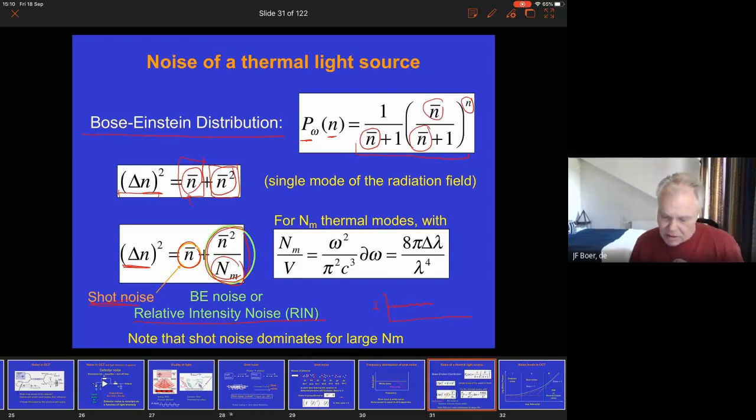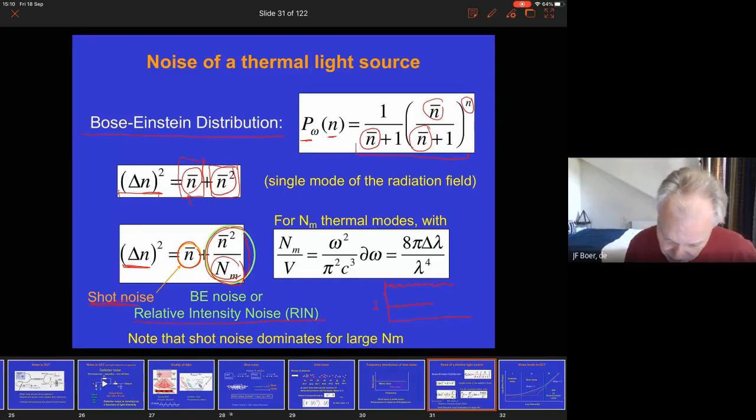And it turns out that this fluctuation becomes larger if my intensity is larger. So if I measure at a higher intensity, the fluctuations will be larger. So you think, well, that also happened with the shot noise. If my intensity is higher, my shot noise is higher too.